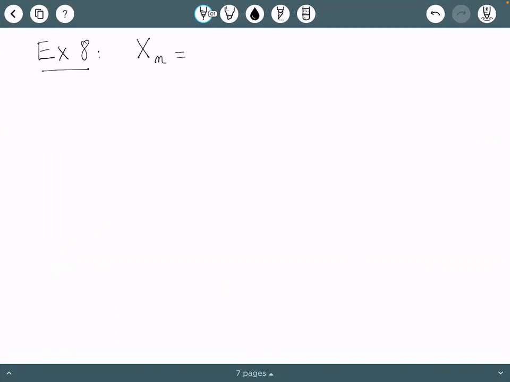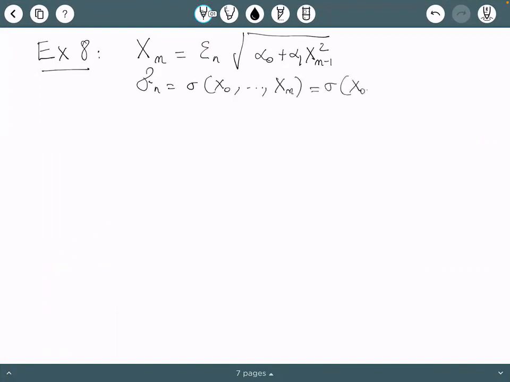Xn is epsilon n square root of alpha 0 plus alpha 1 xn minus 1 square. And Fn is sigma of x0, ..., xn, which is the same as the sigma of x0, epsilon 1, ..., epsilon n. So the first question is to compute the expectation of xn given Fn minus 1.